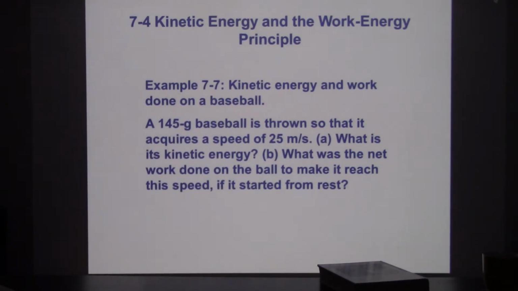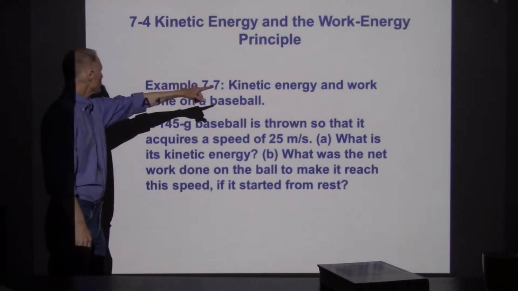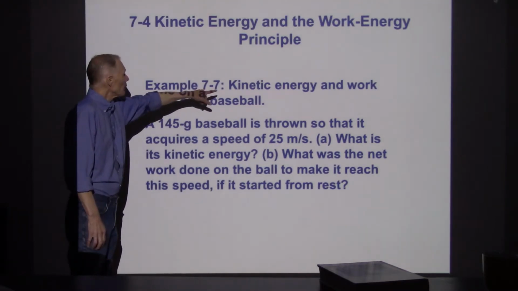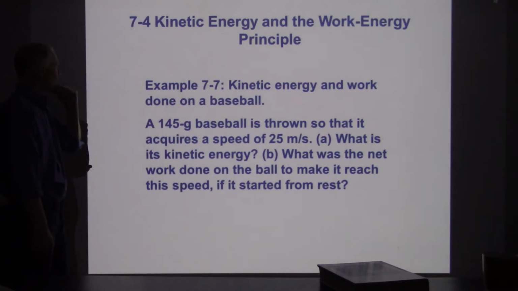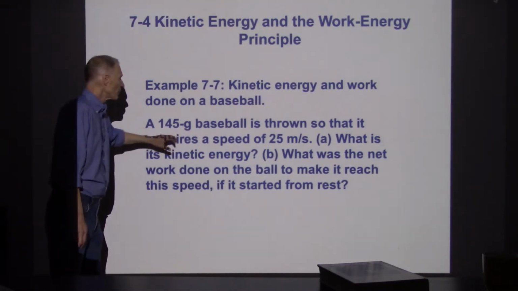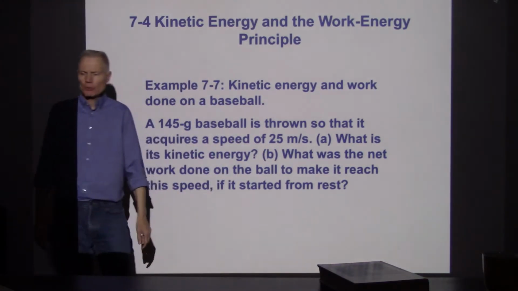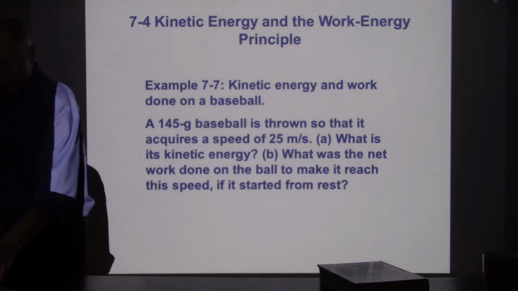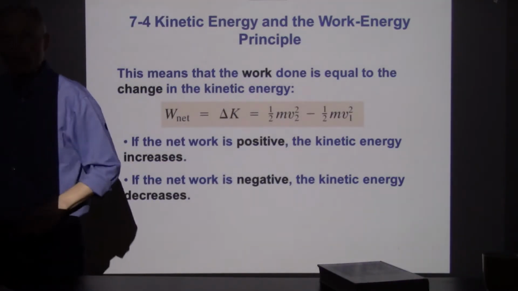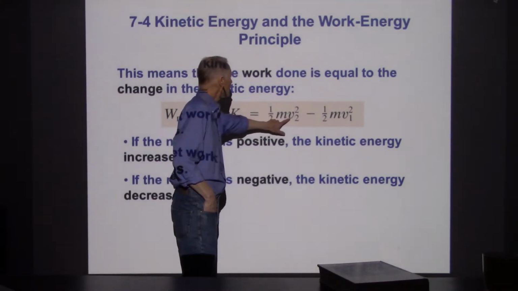So with this example, we have a baseball, and what's happening is we're transferring energy to the baseball. There's work being done on a baseball, and it's going to end up with some kinetic energy. The baseball's mass is 145 grams. It's thrown so that it acquires a speed of 25 meters per second. Now we've been showing the kinetic energy formula: the kinetic energy is 1/2 mv squared.